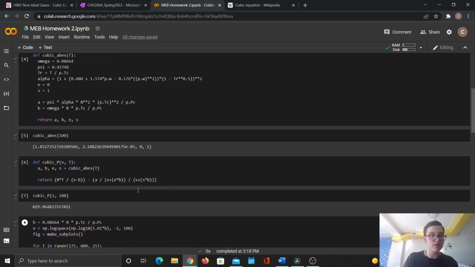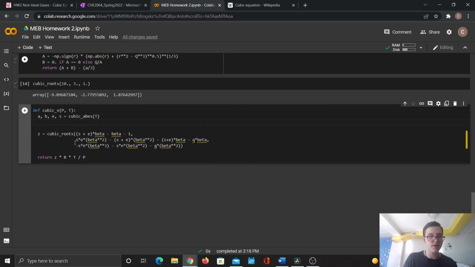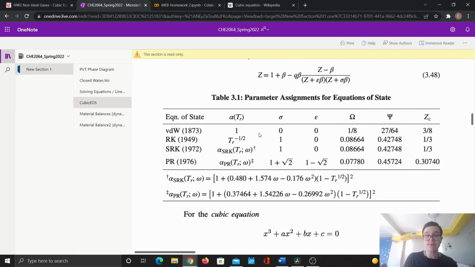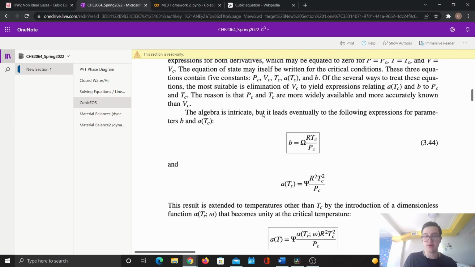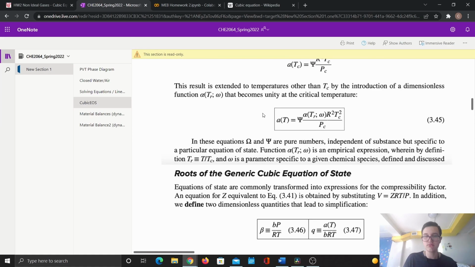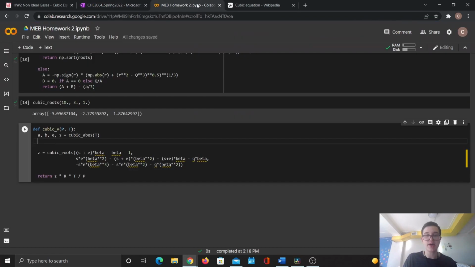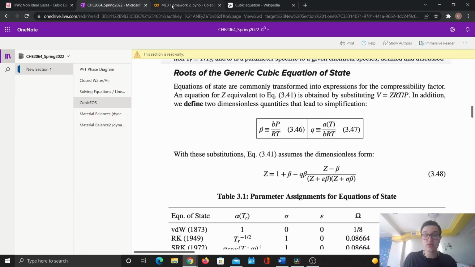Well, we already know beta. We used it up. No, actually, we didn't use it up here. We haven't used it yet, but we have been given the equation for it. So we know that. Where is it? Here we go. Beta is equal to b times pressure.